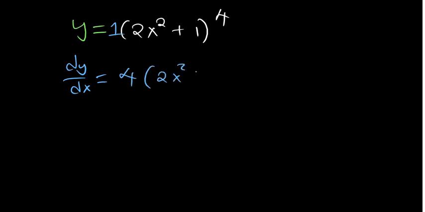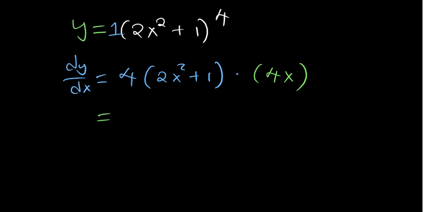And then the other thing that we need to do is multiply by the derivative of what is in the brackets. The derivative of 2x squared plus 1 gives us what? I believe we have a 4x. So therefore our result becomes 4x, and then you have 4 times 4x.